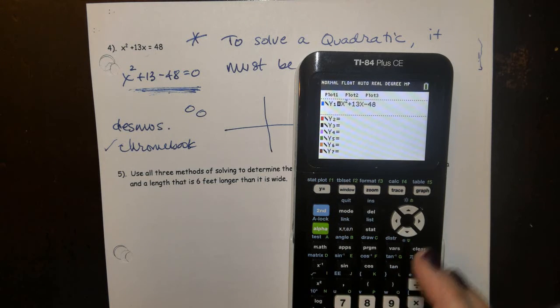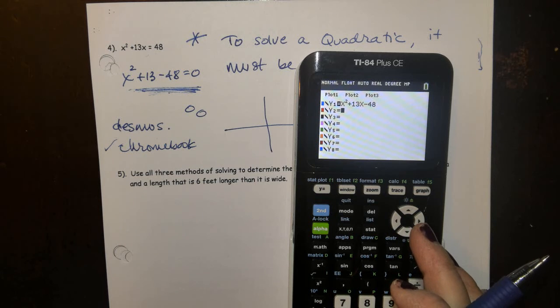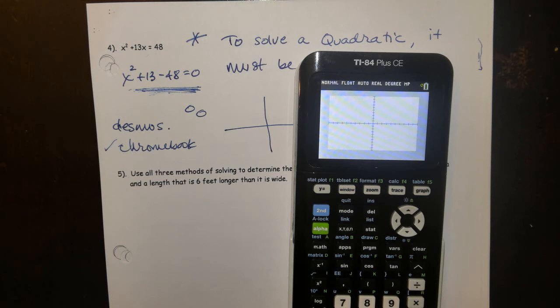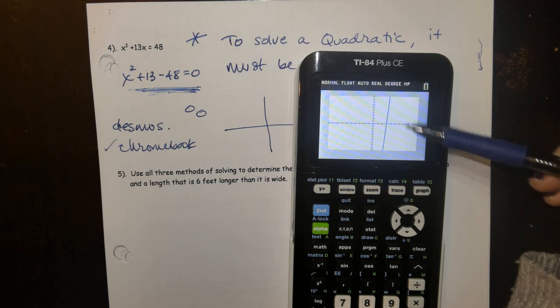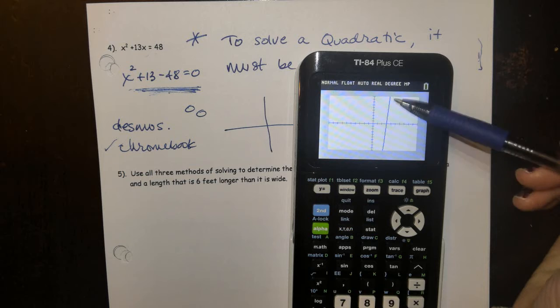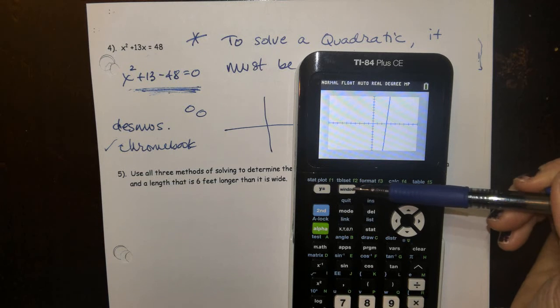That doesn't look like a parabola, x squared plus 13x minus 48, because the y-intercept is down there. So right now, if I hit zoom 6, it puts me in a 10 by 10. Here's a little bit of a conversation about graphing. I know this is a parabola because it's a quadratic, and a lot of students see this as a line. So you have to change your window.